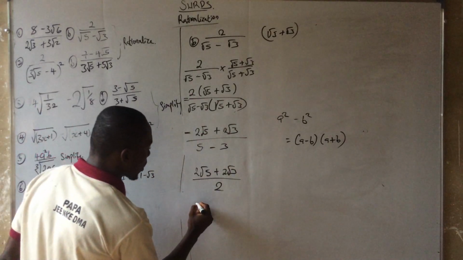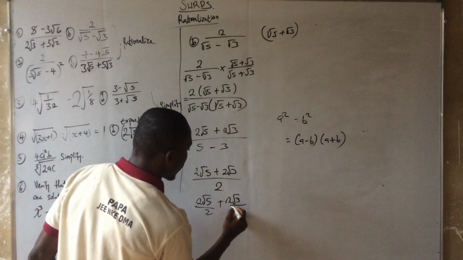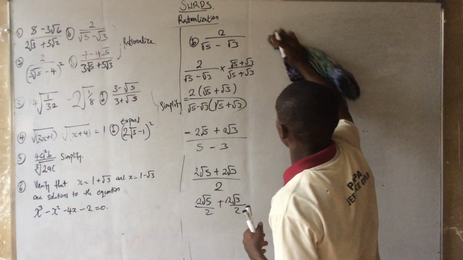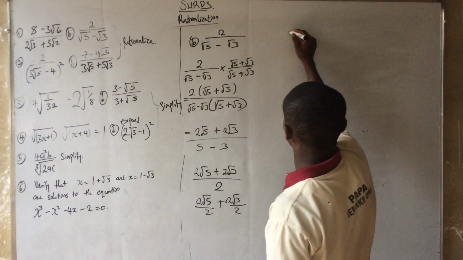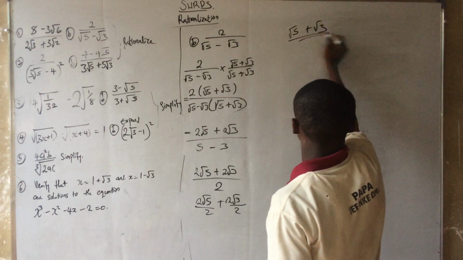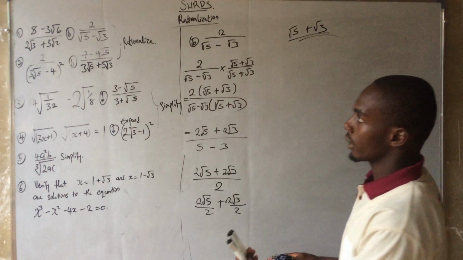So I can split this to have 2 root 5 over 2 plus 2 root 3 over 2. That gives me root 5 plus root 3. That's my answer. So you see, this one is not hard.